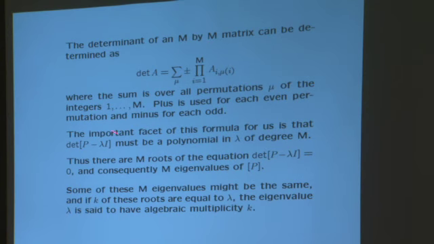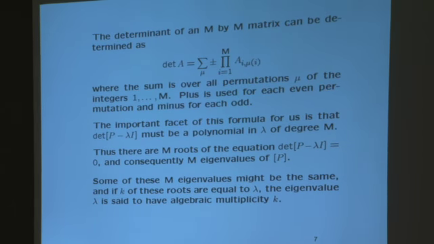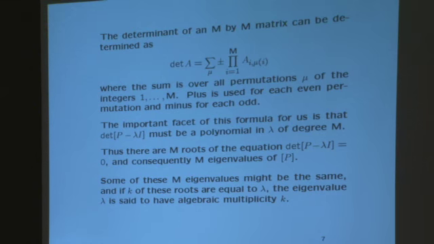It's a very useful formula conceptually, though, because if we look at the determinant of P minus lambda I, we can ask the question, how many eigenvalues does this transition matrix have? Well, the number of eigenvalues is the number of values of lambda such that the determinant of P minus lambda I is 0. Now, how many such values are there?